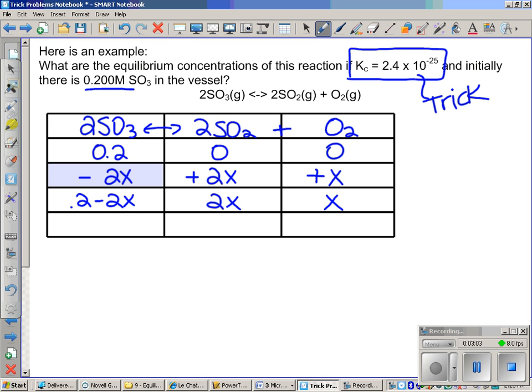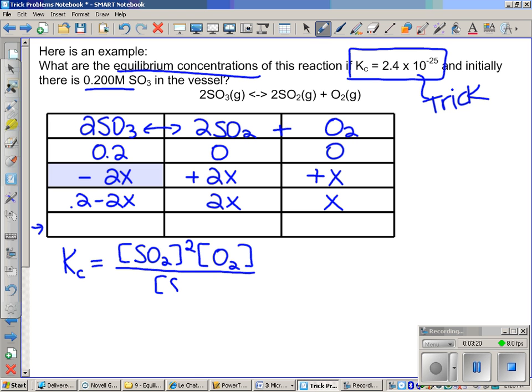Next thing we would do at this point, we know we're trying to find the equilibrium concentration. So we're solving for this final row, and they gave us Kc. So we're going to write our expression. So Kc is going to be the concentration, since it's Kc, of SO2, and it will be squared. And we'll have O2 to the first power. And then on the bottom, SO3 squared, like so.